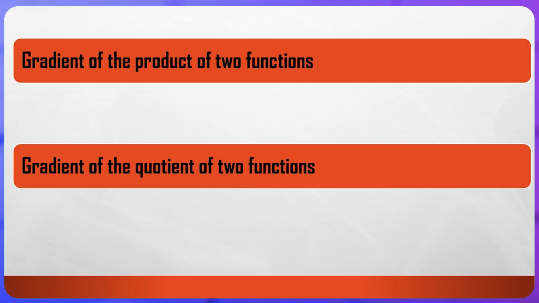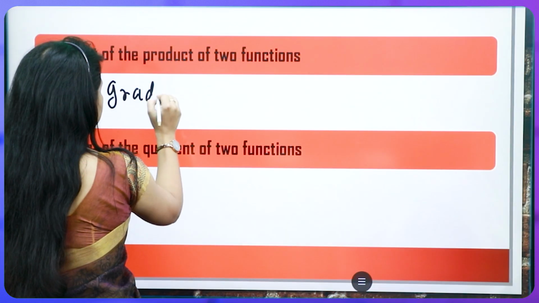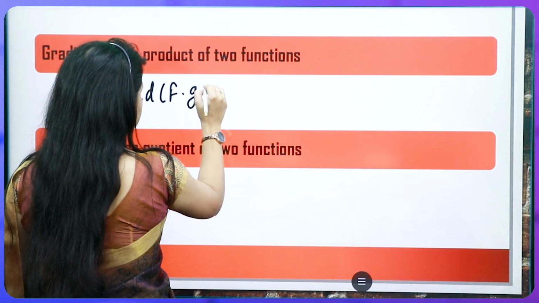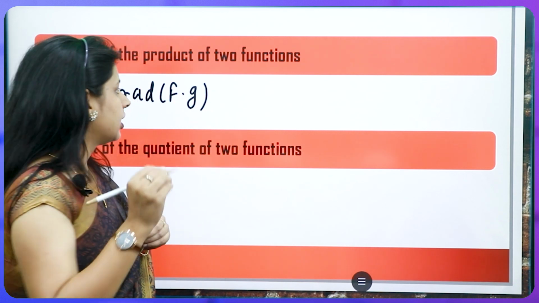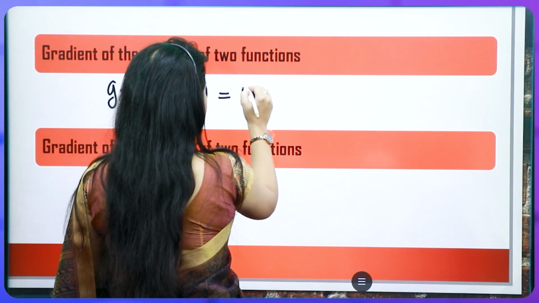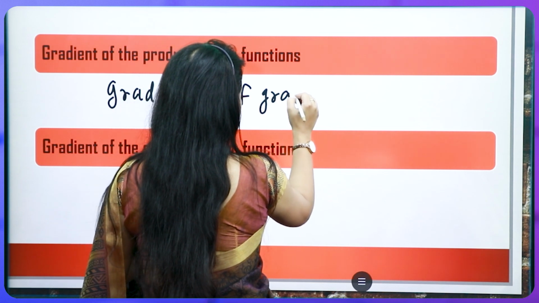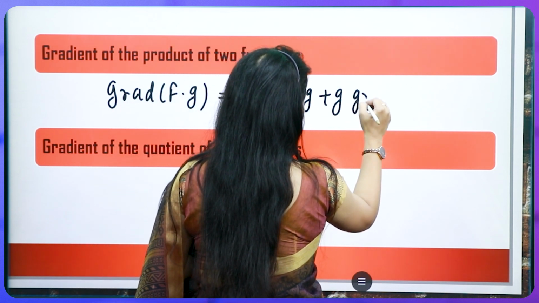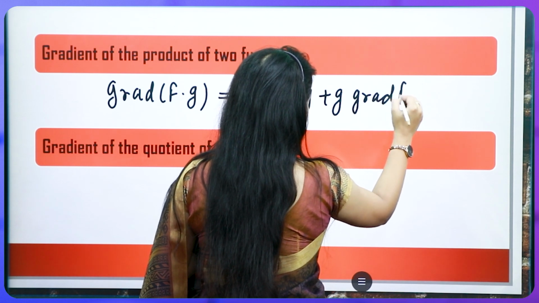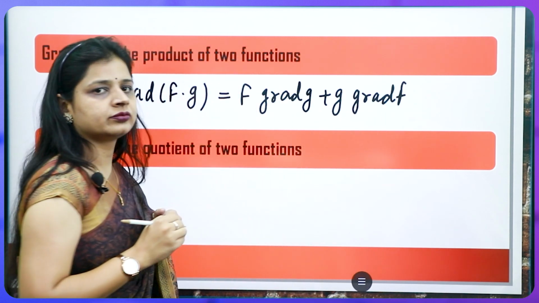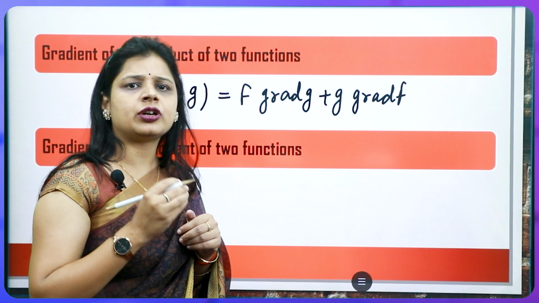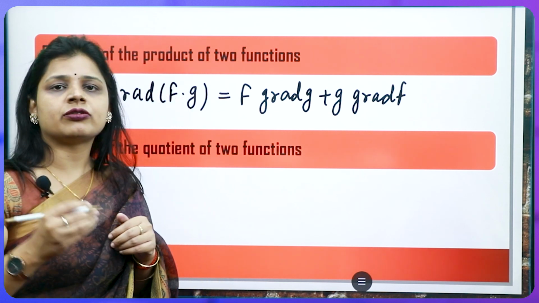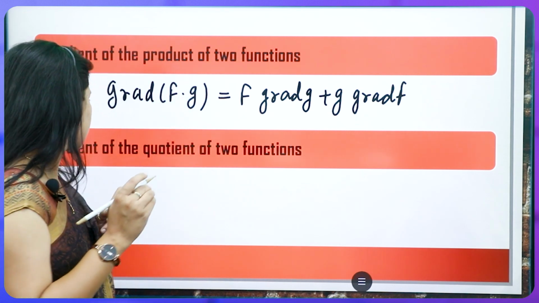If we have to find gradient of product of two functions, that is grad of f into g, this value is f grad g plus g grad f. It is in line with the product rule of derivative of two functions.